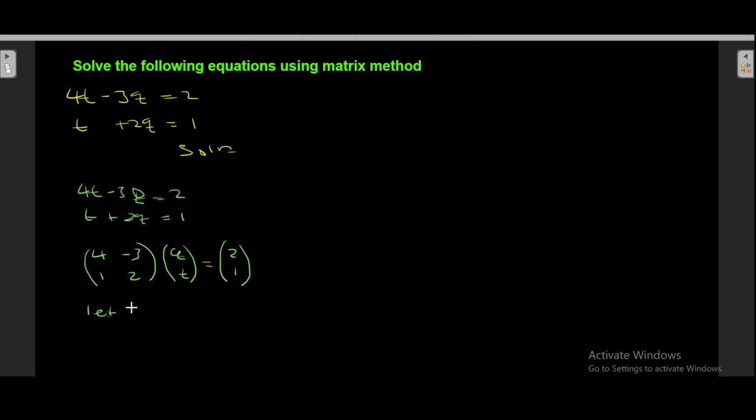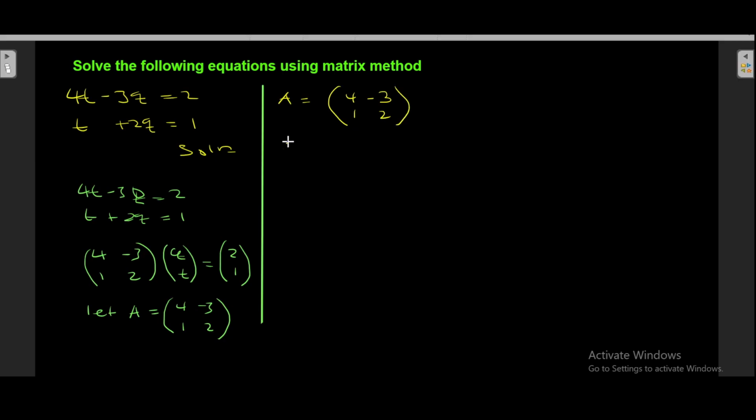Since I've created my two matrices, I'll take an assumption. If I let my matrix A be the same as 4, negative 3, 1 and 2, therefore I'm going to get the adjoint of that matrix which I have created. Now our A, the matrix which I have created, is the same as 4, negative 3, 1 and 2.